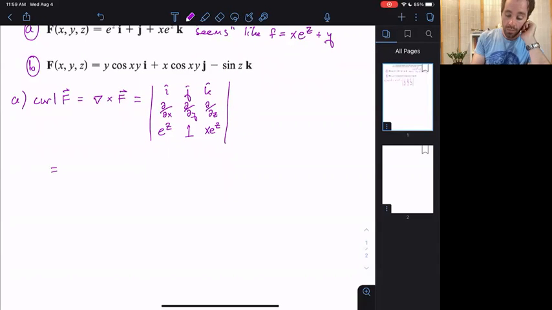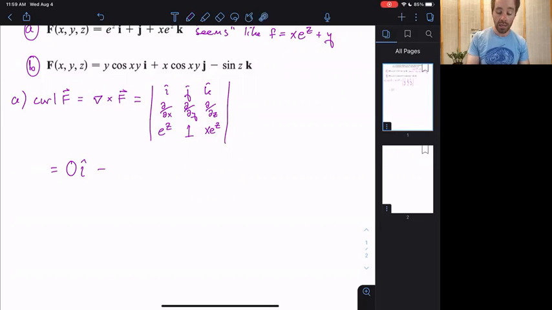Okay, cross product goes like this. We're going to take the i component as this minus this. So we're going to take the partial derivative with respect to y of x e to the z. That's 0, nothing at all. Minus the partial derivative of 1 with respect to z. That is 0 for the i component. The cross product is a determinant which switches to minus.